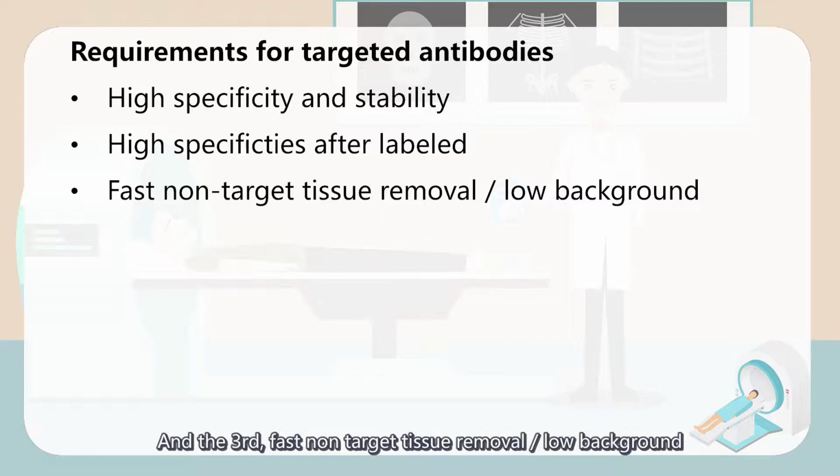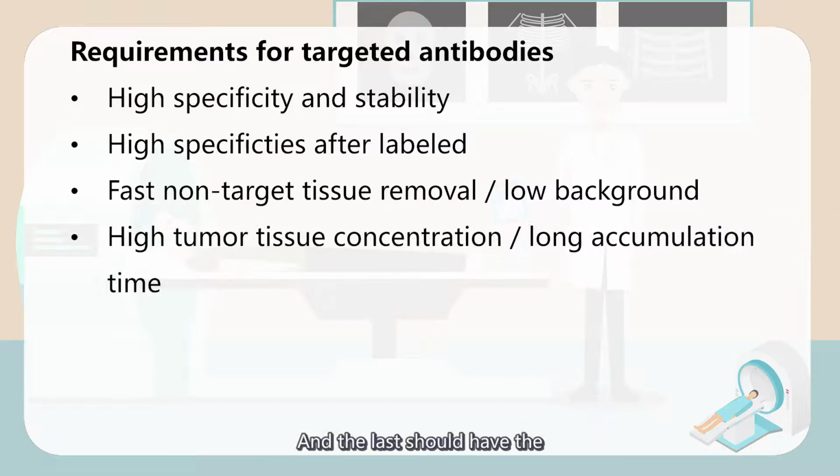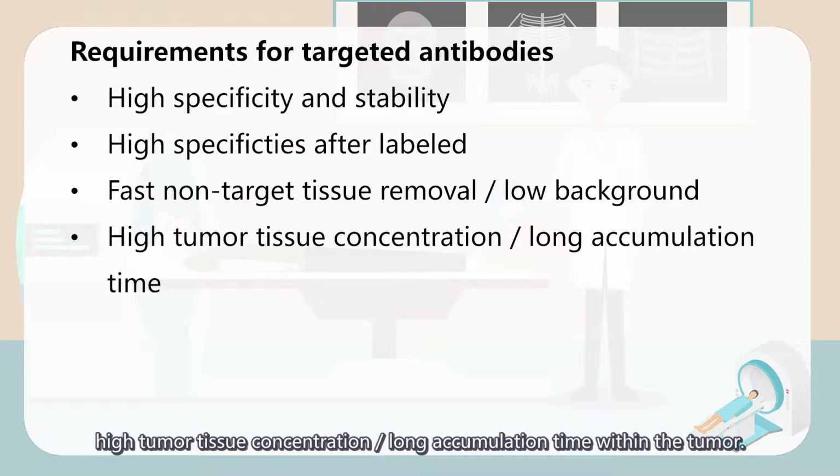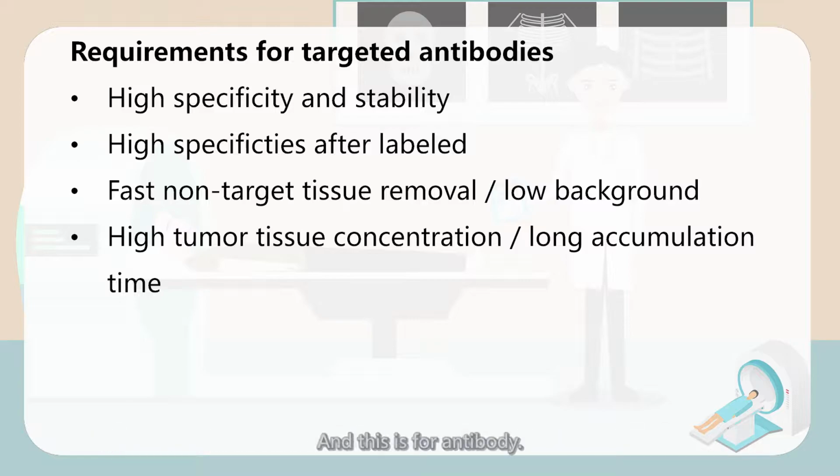And the third, fast non-target tissue removal, so it shows low background. And the last, it should have high tumor tissue concentration and long accumulation time within the tumor. And this is for the antibody.